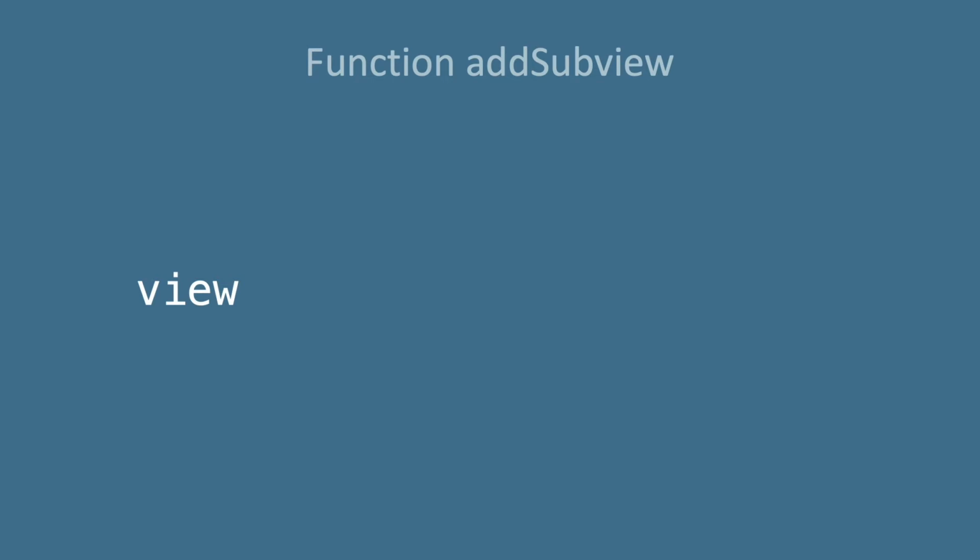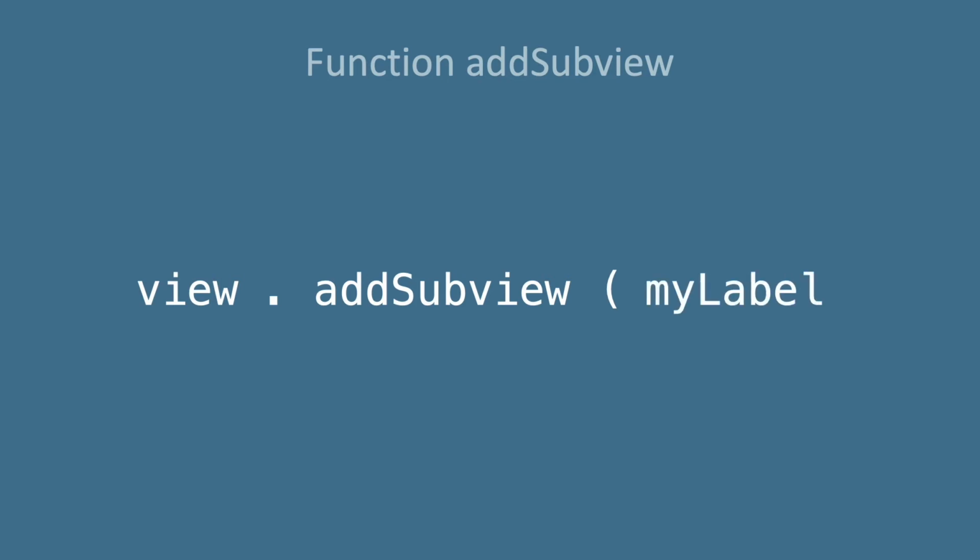You first write the name of an instance, which is view in this case, and then type a dot. Again, this means you want to access one of the properties and functions that belongs to this instance. Then you write the function you want to access, which is addSubview. Then type a set of parentheses, and in this case of addSubview, you need to type the object you want to add to the view inside this parenthesis.